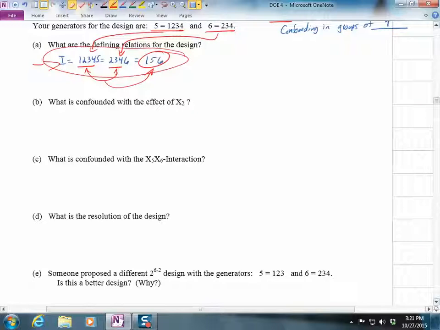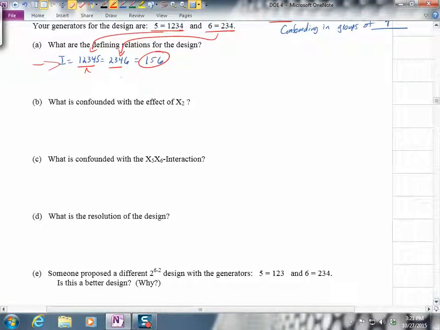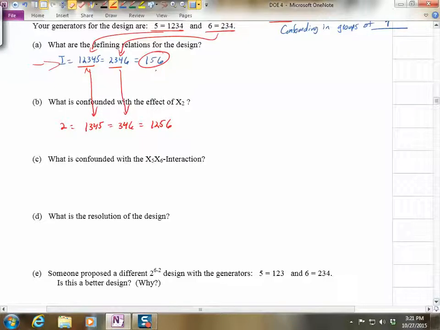All right, so what's the defining relation? Everyone okay with the defining relation? Good. Then this part drops out. So x2 is going to be 1, 3, 4, 5, 3, 4, 6, 1, 2, 5, 6, if I did that right.